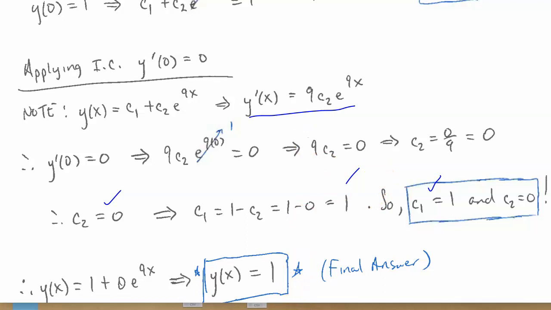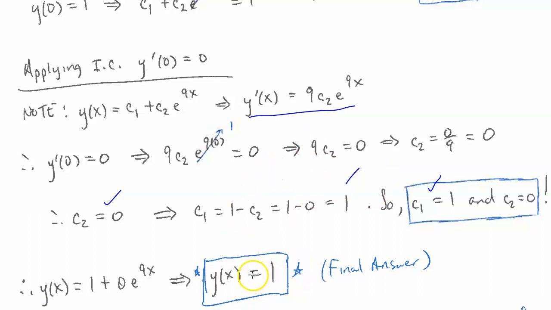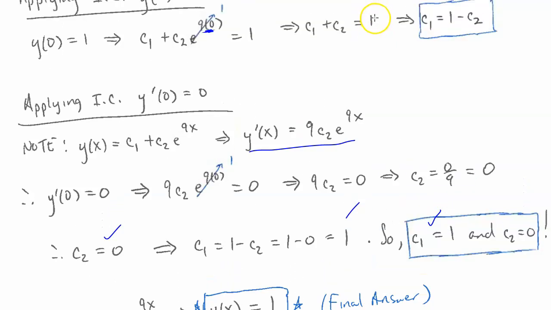Okay. Now, in saying this, one of the things I want to illuminate here is that it is not unusual for us to have constant solutions to these types of differential equations. In this instance, it just so happens to be a constant solution that is non-zero. And if you look at our initial conditions, you'll see that y of x equals 1 actually meets the conditions of our initial conditions.